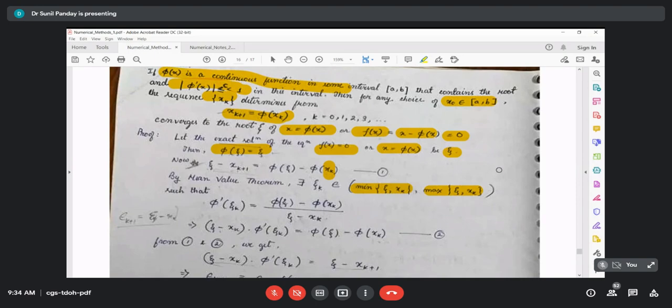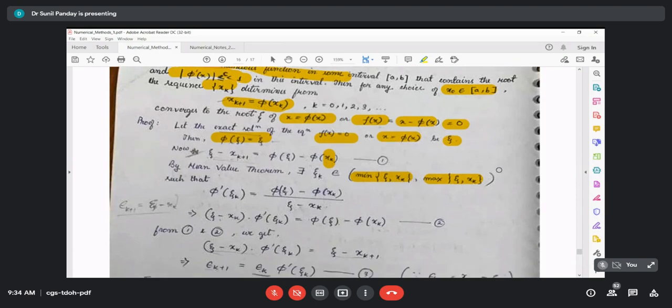By the Lagrange mean value theorem, there exists some point xi k, which is a new point lying between xi and xk, so xi k is greater than xi and less than xk. So this xi k exists such that phi dash of xi k equals phi of xi minus phi of xk divided by xi minus xk.